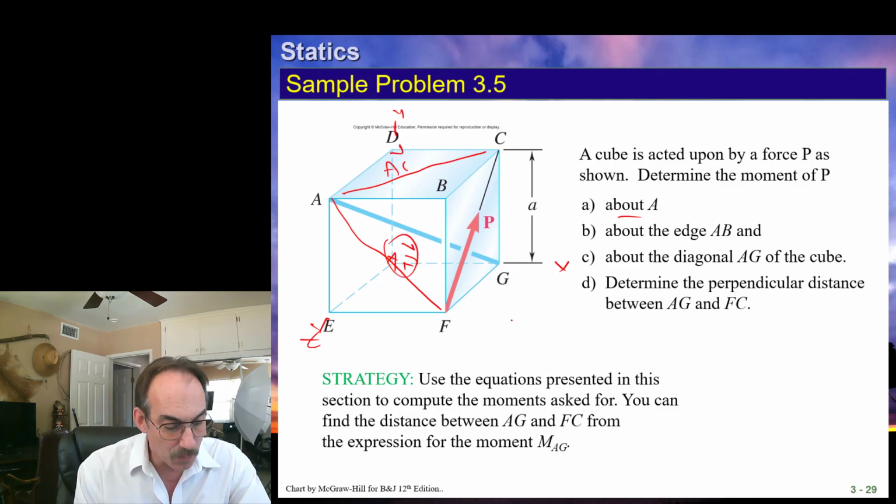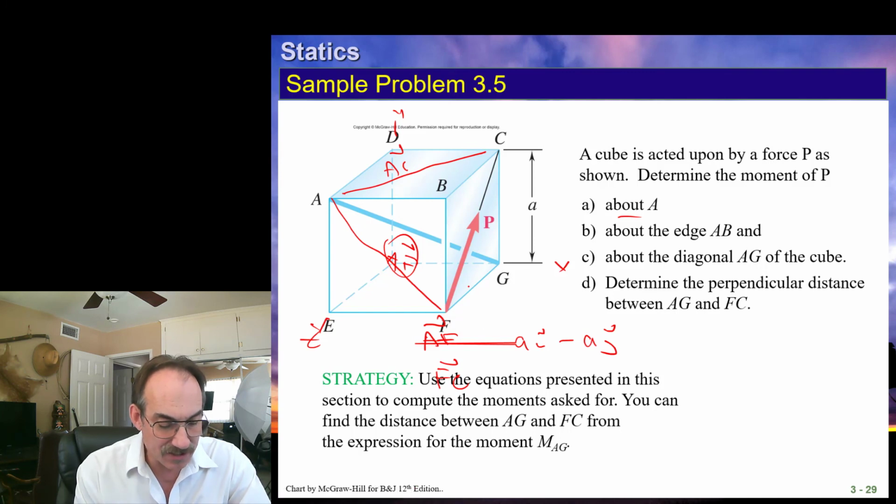AF is going to be, moving from A to F, we're moving plus a in the x direction, so we have ai, and we have minus aj. That is AF. And our force, then, we can say, what is FC?